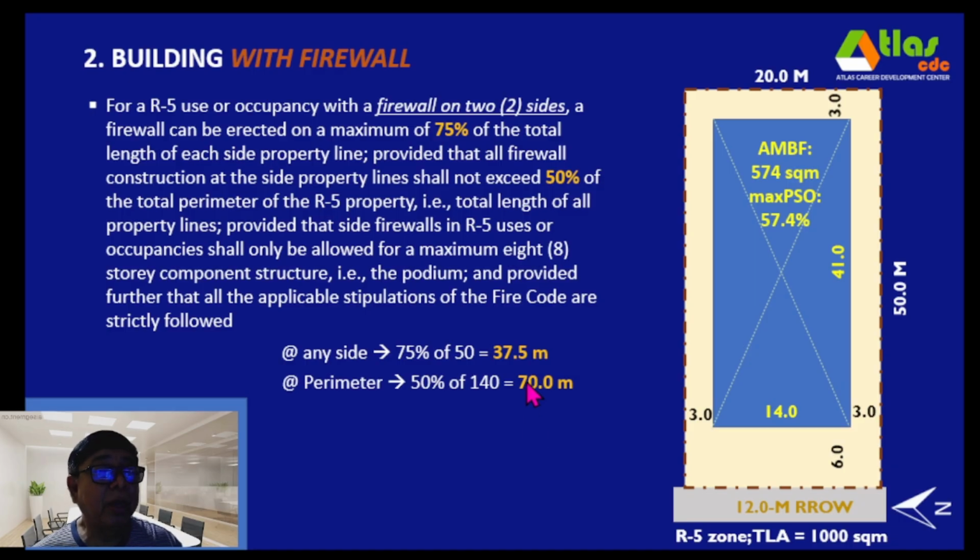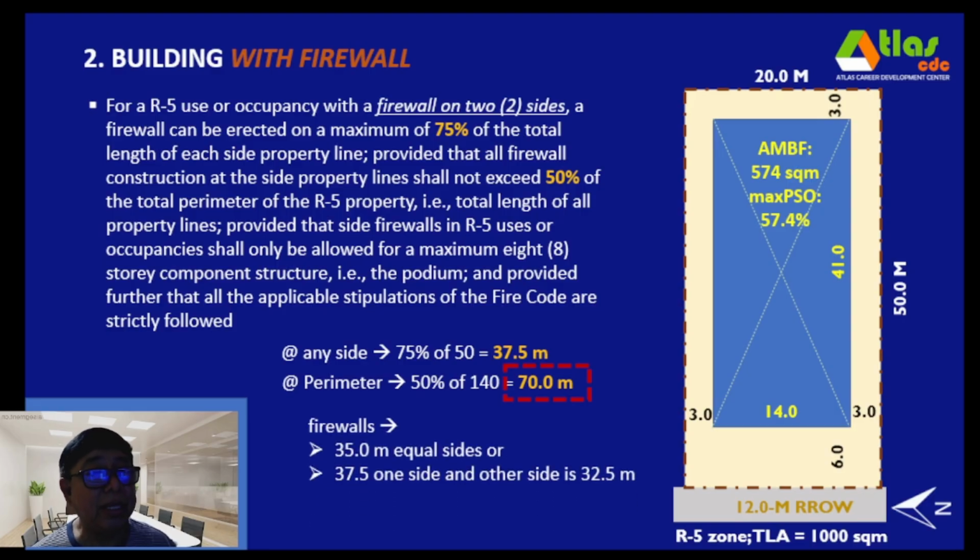So if you compare the two requirements, if you have 37.5 at both sides, it will be a total of 75 meters, and that will be exceeding the requirement maximum of 70 meters. So which means that ang magpe-prevail natin dito is a maximum length of the two firewalls at 70 meters.